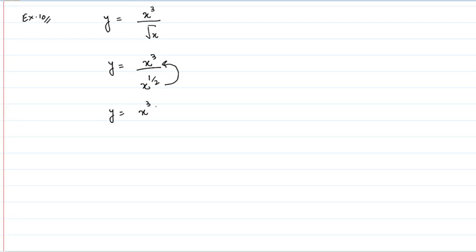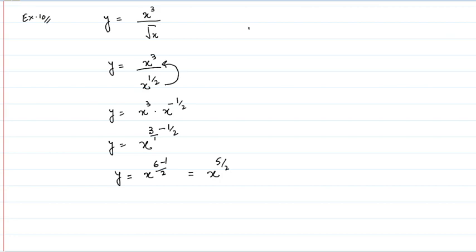It will be x cube multiplied by x raised power minus 1 by 2. You know, bases are same, powers will be simply added. 3 minus 1 by 2. So you will get y is equal to x raised power 6 minus 1 upon 2. So this will be equal to x raised power 5 by 2.